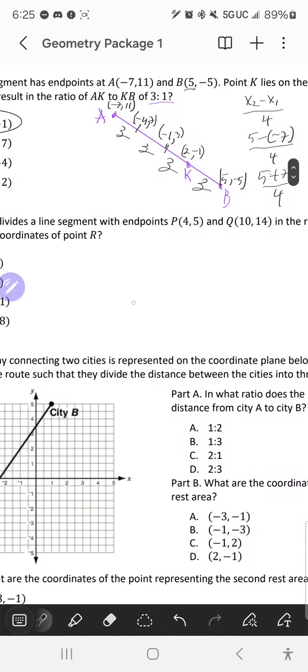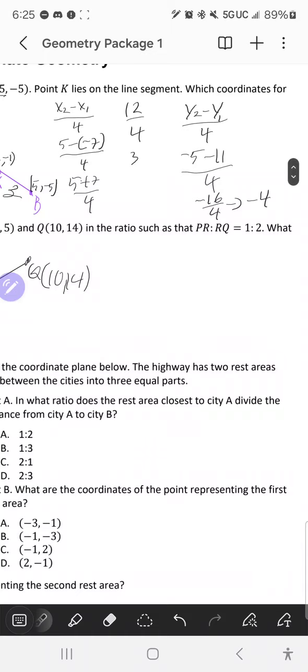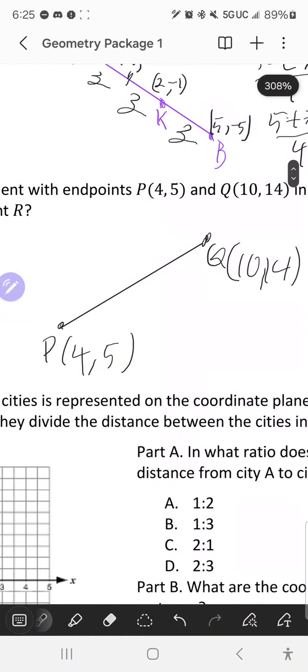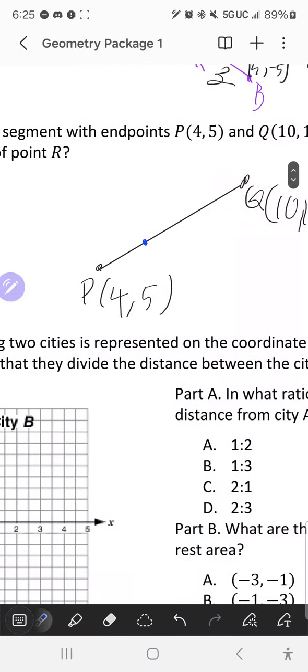So we draw the line segment, and this is P, which is 4,5, and this is Q, which is 10,14. In the ratio such that PR to RQ is 1 to 2. So this is going to be 1 little segment. This is R. And here we're going to find 2 segments.